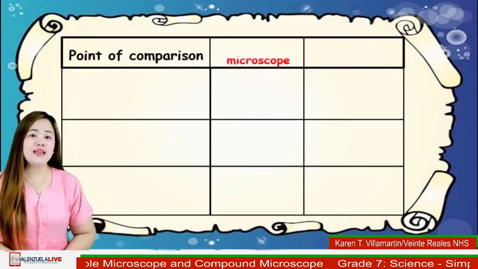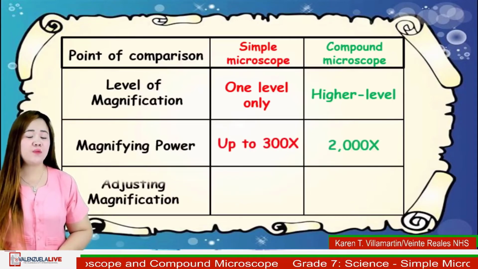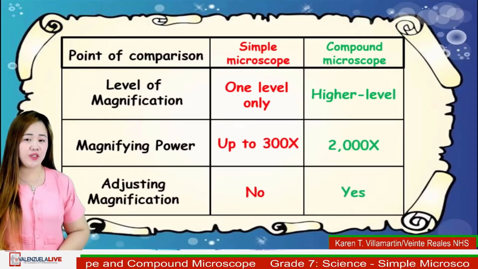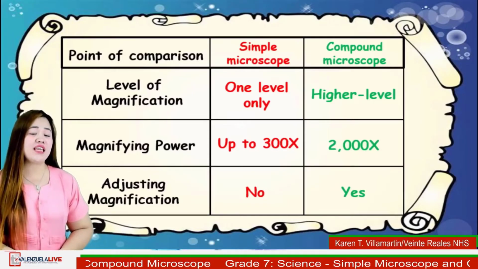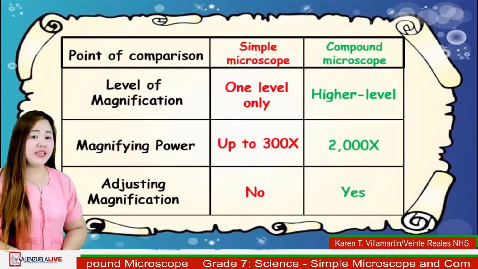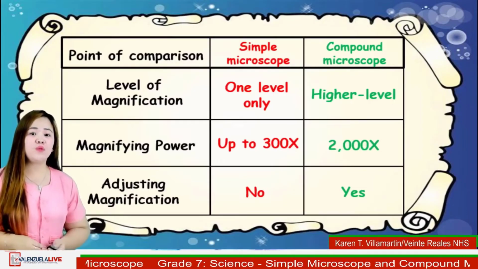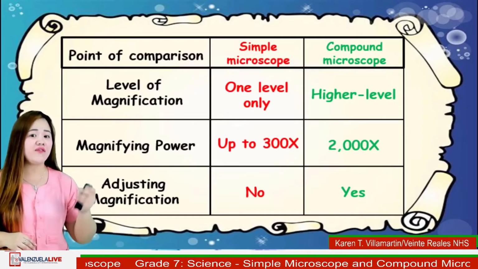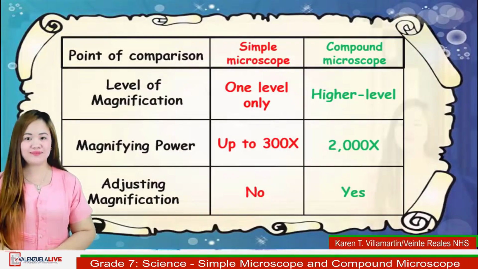Now, let us compare simple microscope and compound microscope in terms of magnification. Simple microscope takes one level and can magnify up to 300 times only, while compound microscope can take into higher level and can magnify up to 2,000 times.